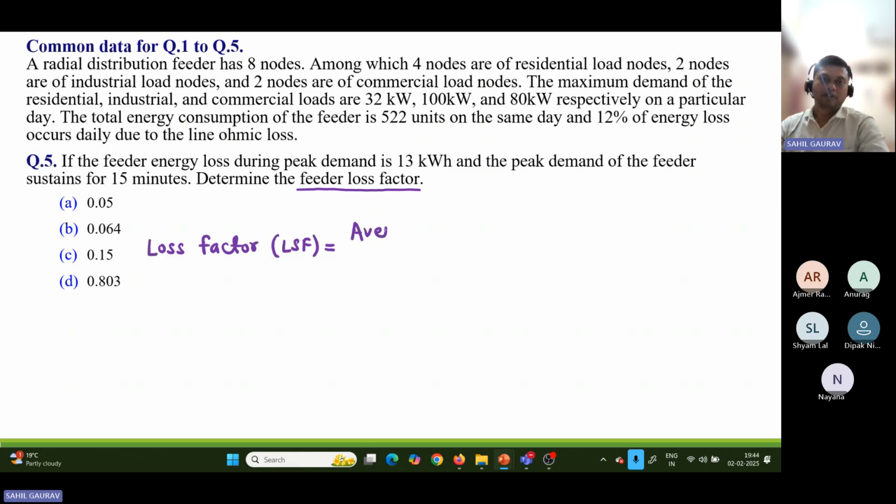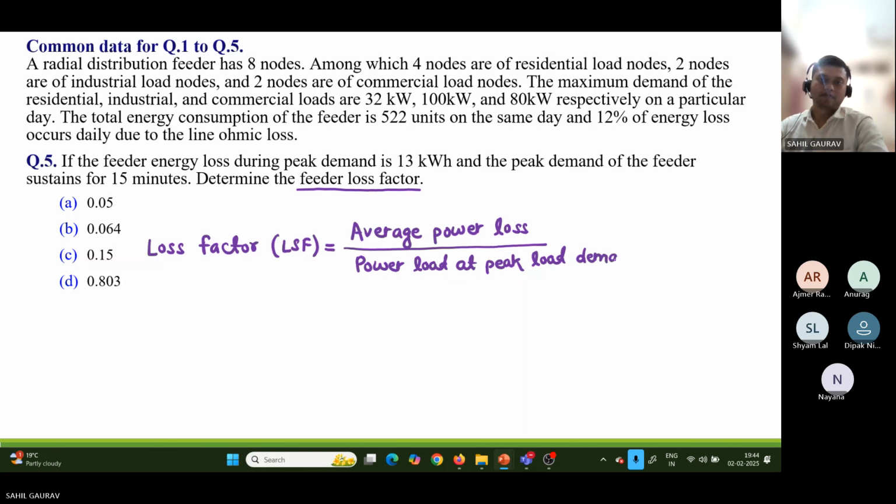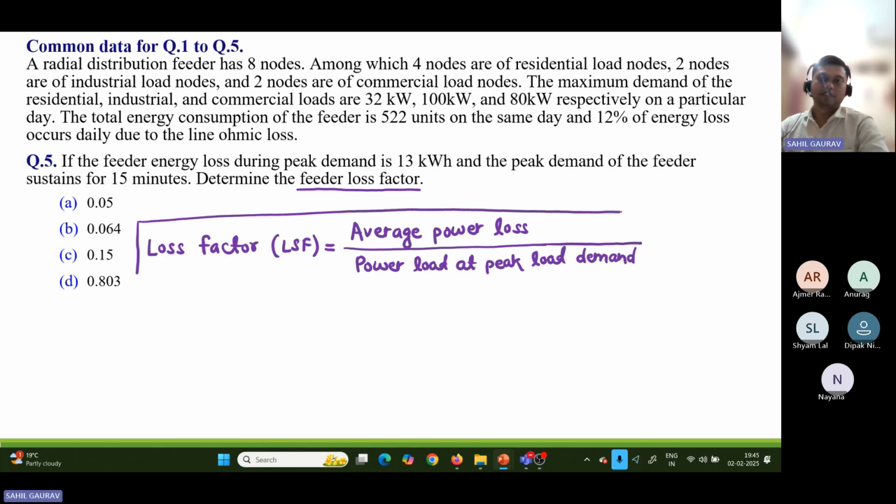So loss factor is the average power loss upon power loss at peak load demand. So this is the expression of loss factor.